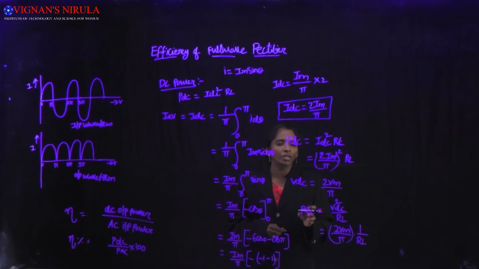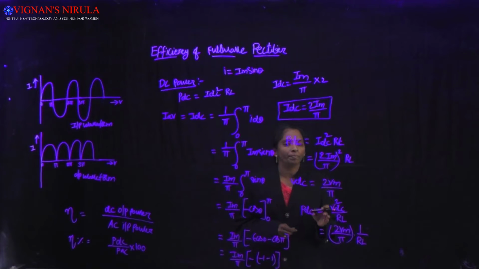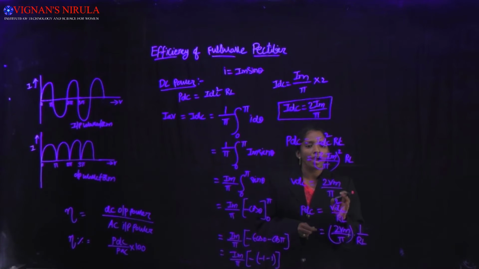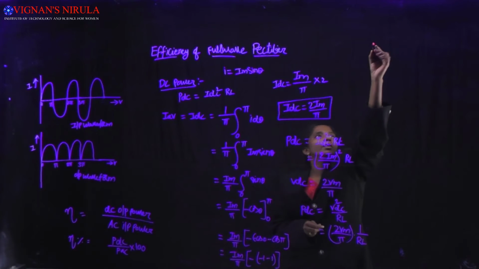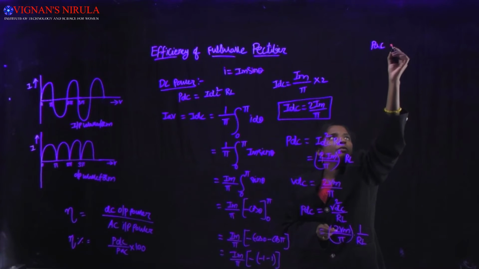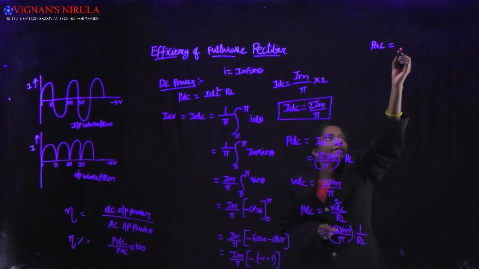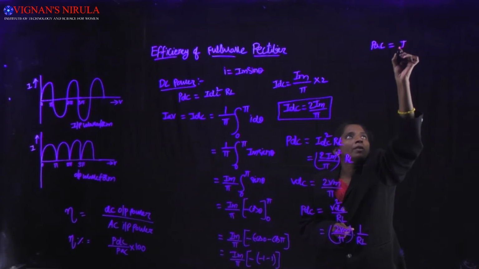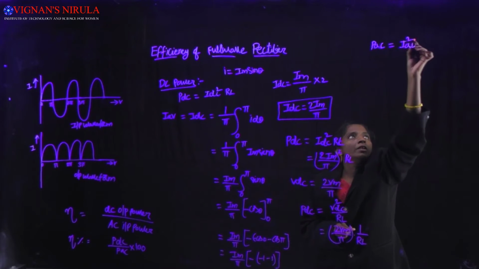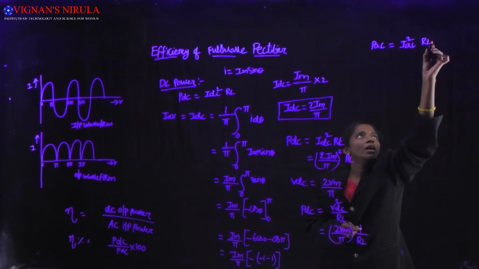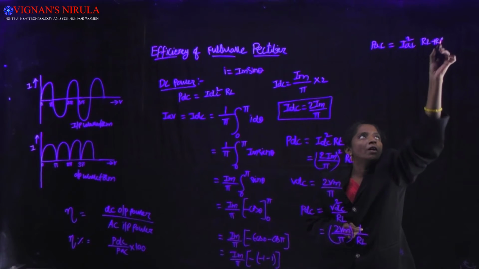Now we are going to calculate the IAC, that is the RMS current or AC current. To calculate AC power, PAC equal to IAC square into RL plus RF.